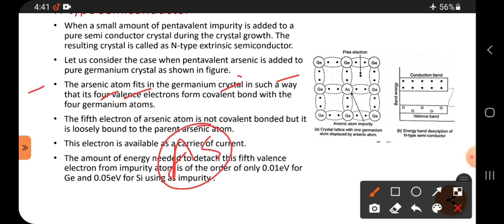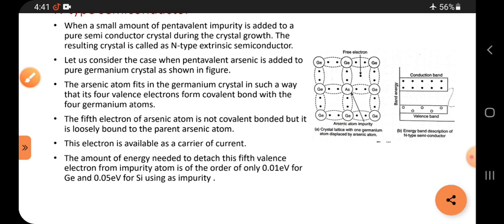We can easily say the valency depending upon the number of valence electrons. If there are 4 valence electrons, that is the fourth group; 5 valence electrons, the fifth group. So fifth group means 5 valence electrons are present. Among the 5, 4 valence electrons easily form bonds with the germanium atoms. Then we get one extra electron. I will explain about that extra electron.